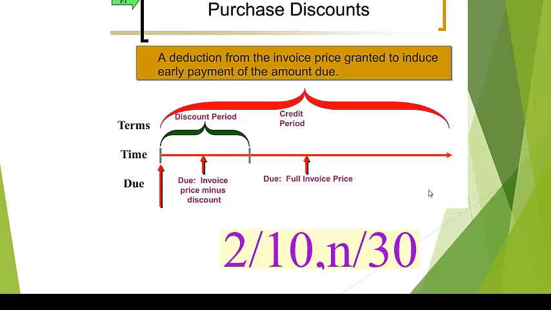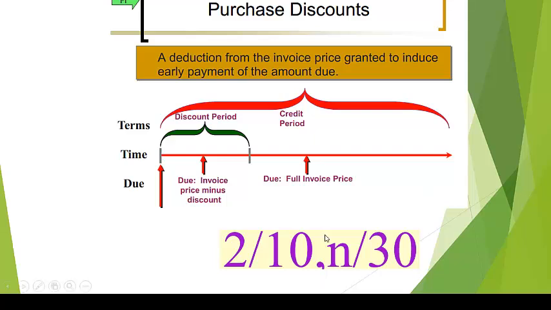One of the unique features related to merchandise inventory is that when inventory is sold from one party to another, there is the possibility that a purchase discount is given. The primary reason for the purchase discount is to encourage the buyer of the inventory to pay their bills early. It encourages cash flow, and overall it's a very good thing for the organization. So what we see here is a diagram of time, and the idea is that purchases that are purchased on credit should be paid within 30 days.